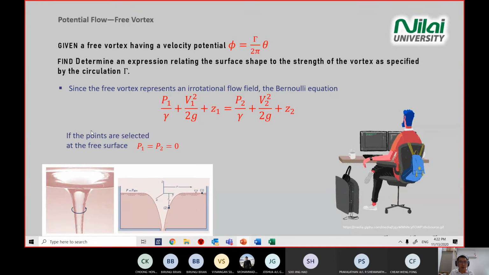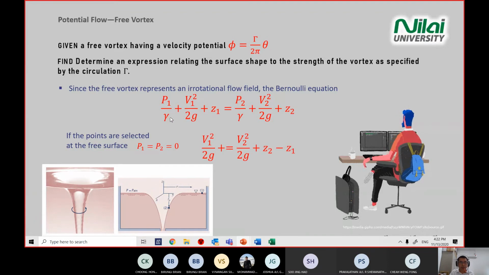Because our flow is from a very big tank, P1 and P2 are exposed to atmospheric pressure, so they are 0.